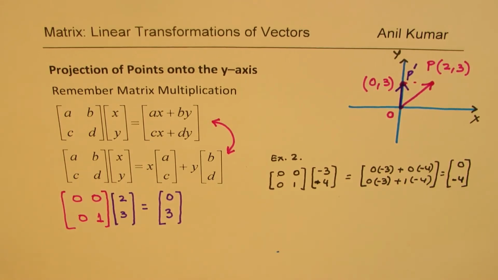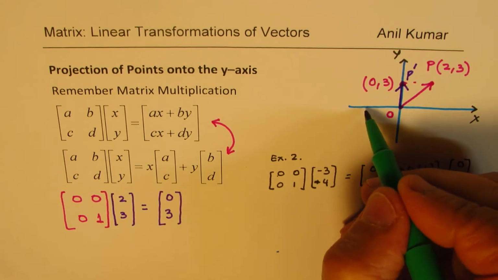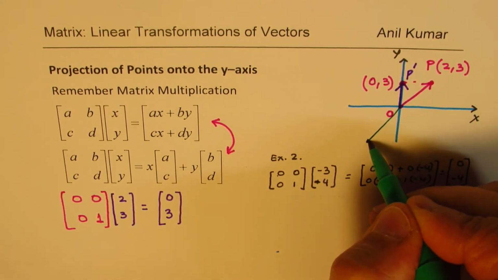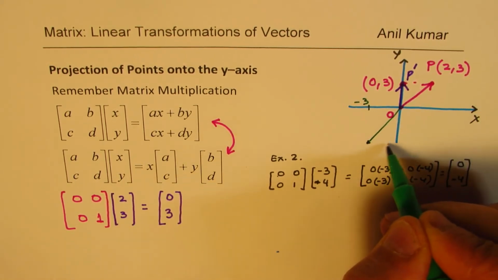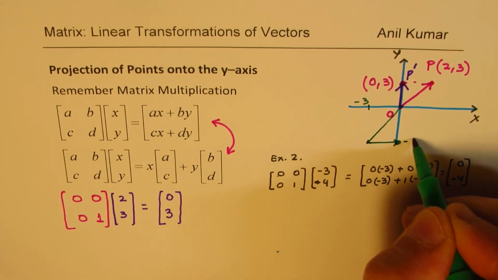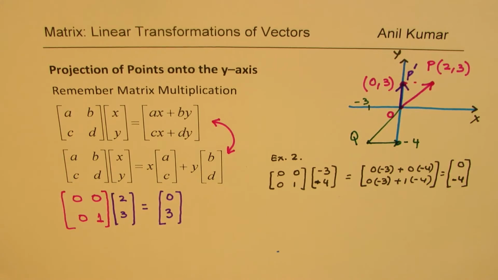So what we are trying to say here is that if we have a point minus 3 and 4, let's say we have a point here, then its projection will be this point here, which will be at minus 4. Let's say this point is Q. You get an idea, correct?